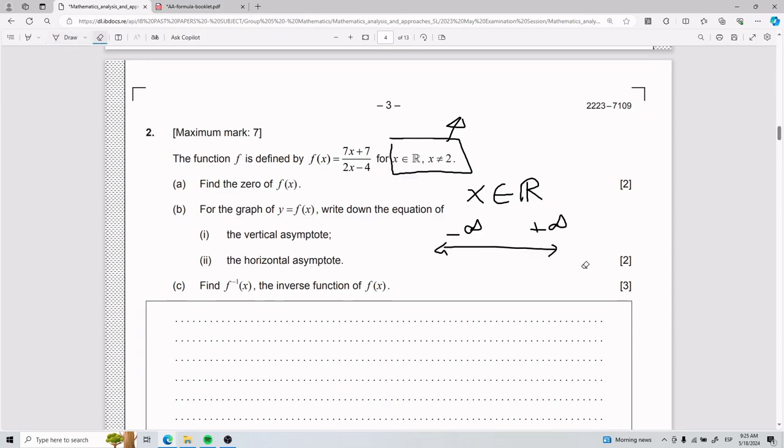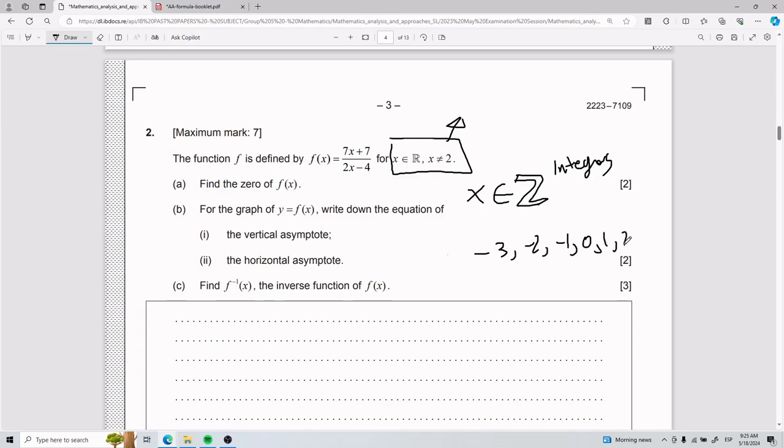This might be important in another exercise if they tell you that x pertains only to, for example, Z, which is a very fancy Z. This would be integers, and integers are -3, -2, -1, 0, 1, 2, 3. So it would be whole numbers.